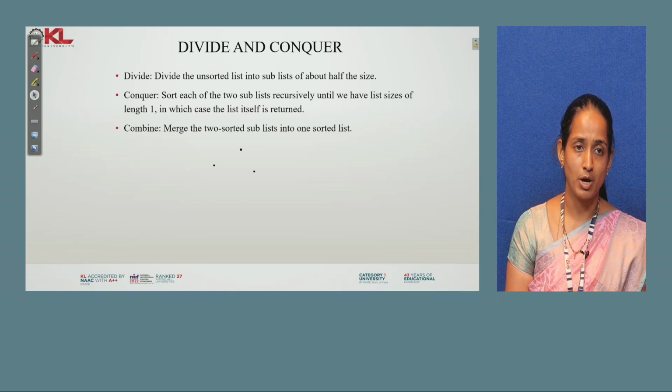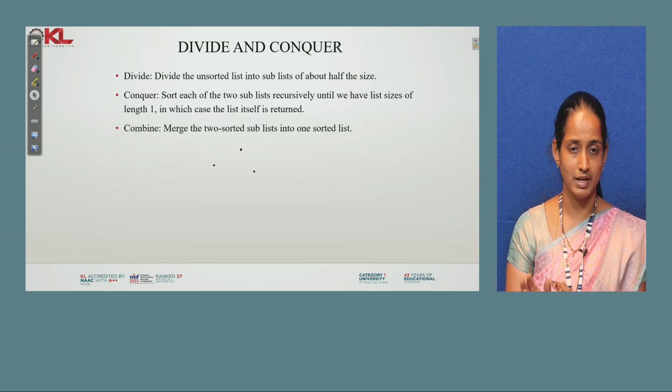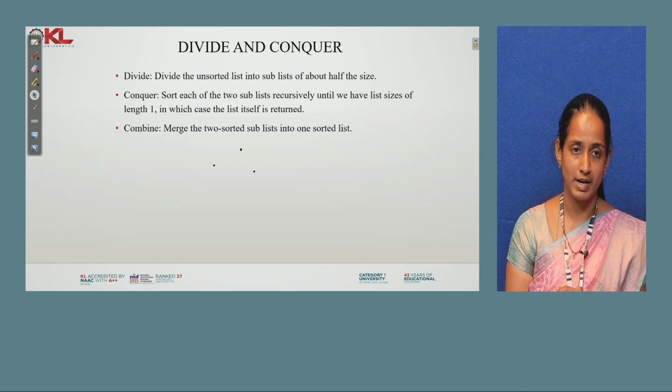Coming to the problem, whenever a problem is given, it is divided into two halves by applying a divide process. Then on each half, the first half and second half, we call the same process of dividing recursively until we get a list of one element.